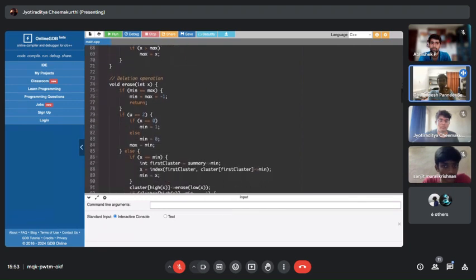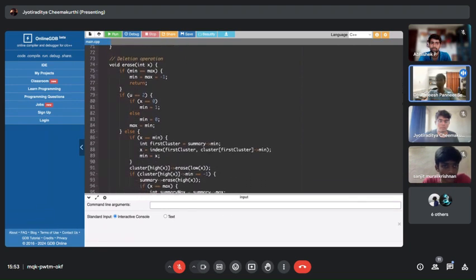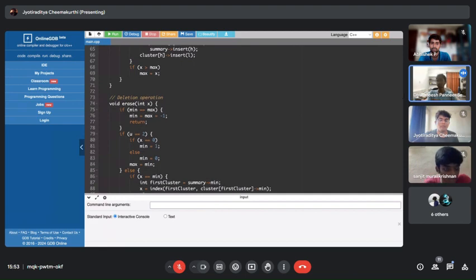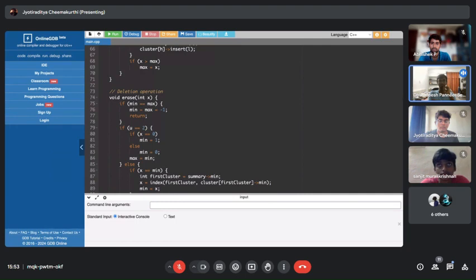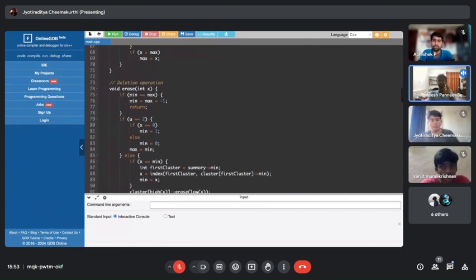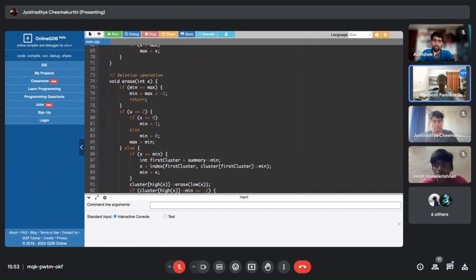After that, we define the cluster size. The cluster size is updated according to the minimum and maximum. It's essentially the same process that we're doing in deletion. But in deletion, we have to identify which cluster the element is in. So there, we check each and every individual cluster.